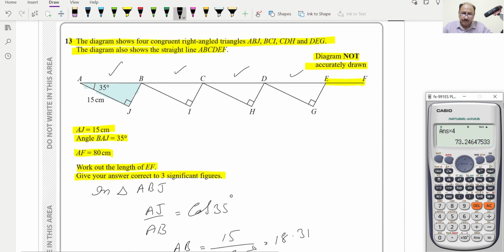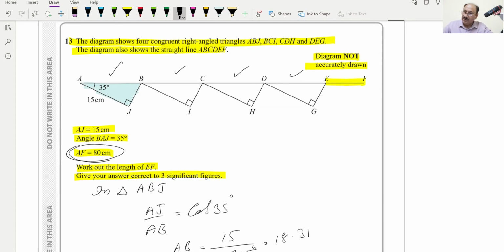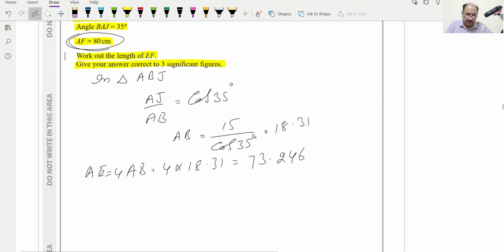EF is equal to 80 minus this one, because they have given AF is equal to 80. So we can write EF is equal to 80 minus 73.246.